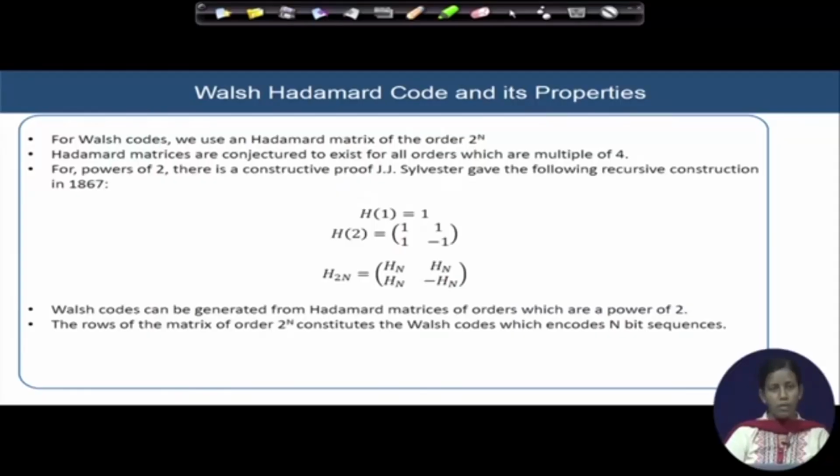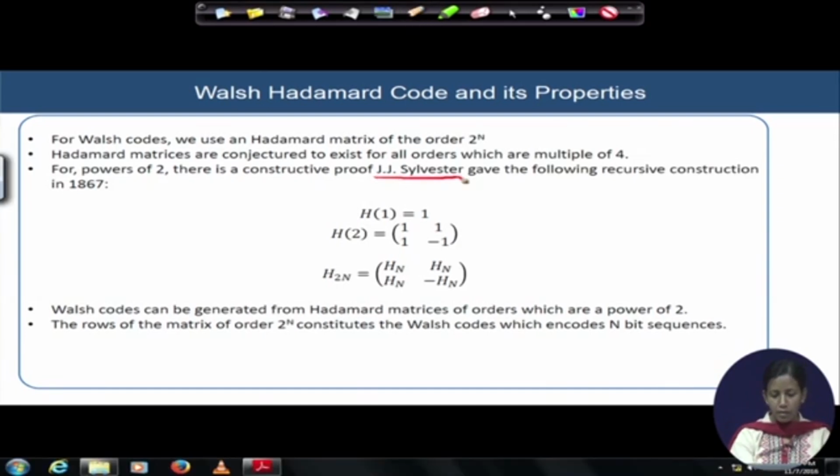For Walsh code, we always use the Hadamard matrix of order 2 to the power N. Hadamard matrices are conjectured to exist for all orders which are multiples of 4, and for the powers of 2 there is a constructive proof given by J. Sylvester, who showed that higher order Walsh Hadamard codes can be generated from lower order codes. So we will use this recurrence relation for generation of the Walsh Hadamard code.